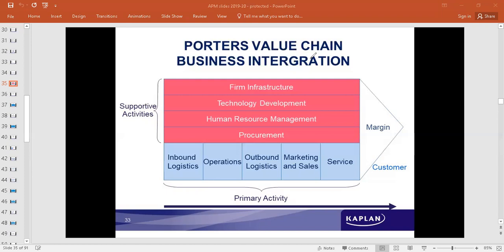But these primary activities are not possible without the help of the supportive activities. There are 4 supportive activities. We see firm infrastructure, technology development, HRM, and procurement. Infrastructure basically talks about the facilities. What are the things covered under infrastructure?